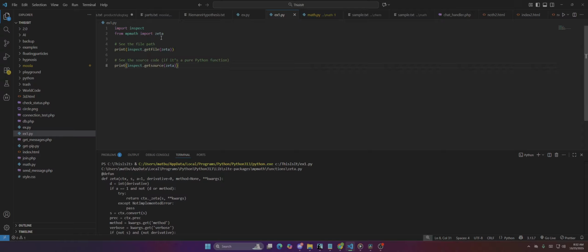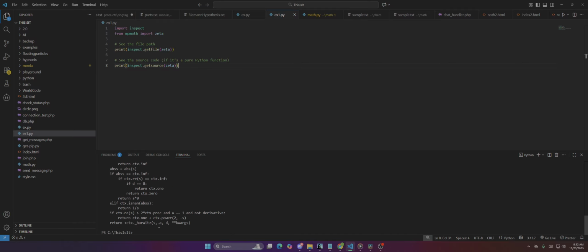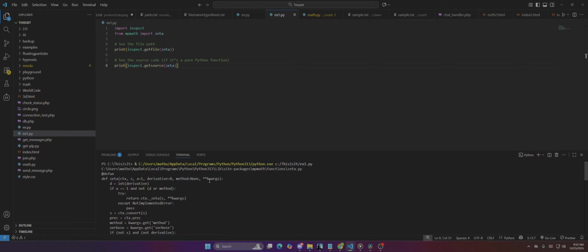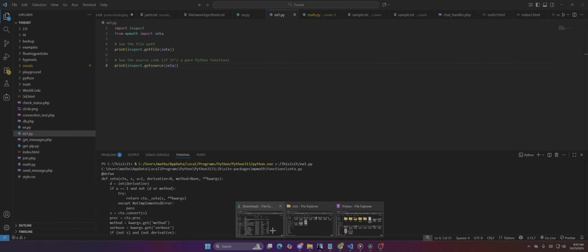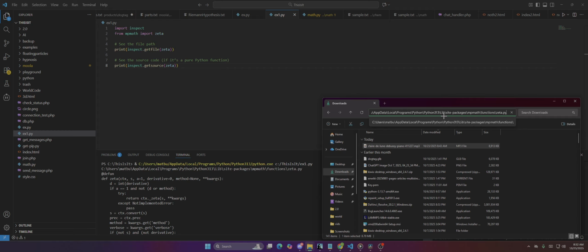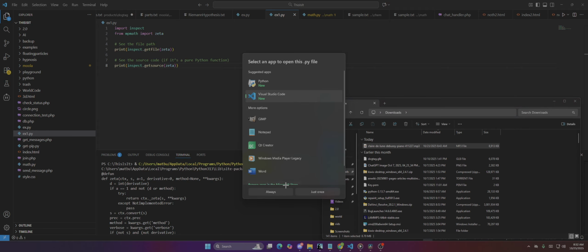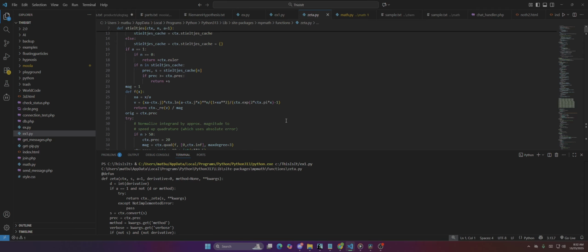I want to understand how this code works and how complex it really is. File path. It's just here.